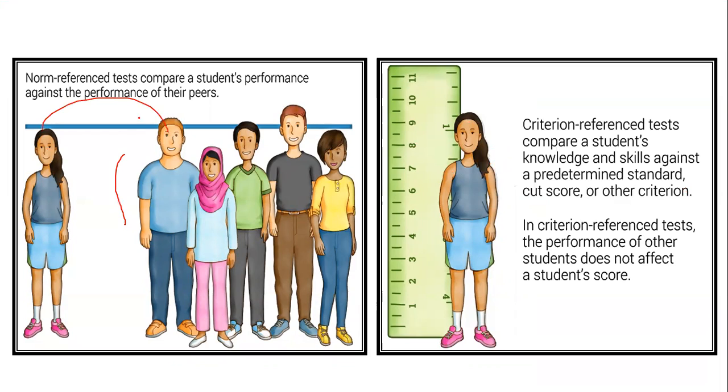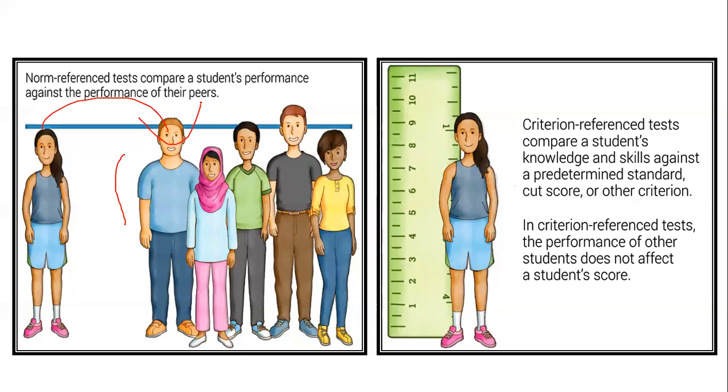So the comparison of an individual student is done according to the performance of the peer group, whereas in criterion the comparison is against preset determined standards, or a score or a skills criteria. You can use the word criteria.